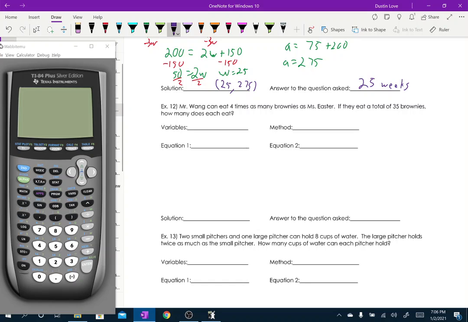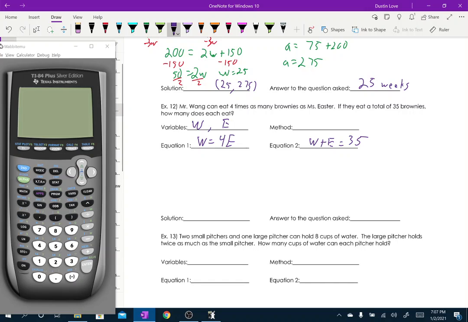So if I was to write that, I'm going to have Mr. Wang and Miss Easter, so W and E. Let's see. Wang equals 4 times Miss Easter. Okay, now if they eat 35 brownies total, so Wang plus Easter is 35.